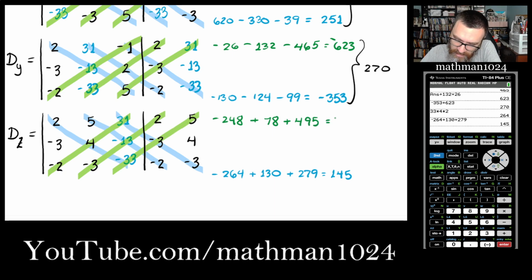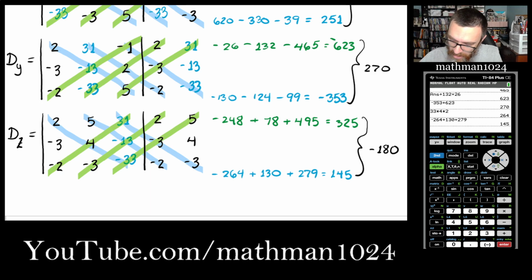Let's combine these. That'll give me a negative 325. And when I do the subtraction here, 145 minus 325 is negative 180.